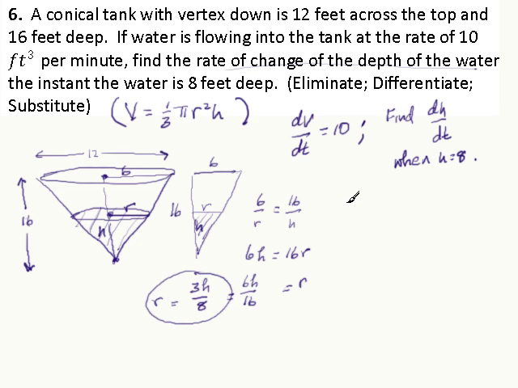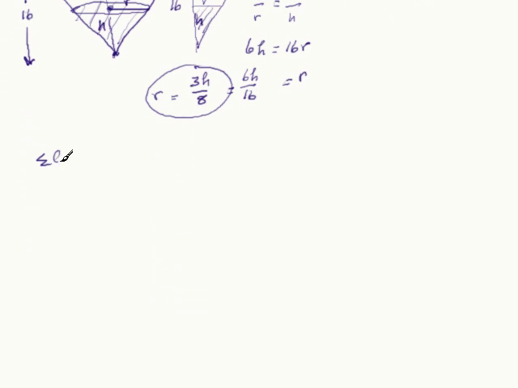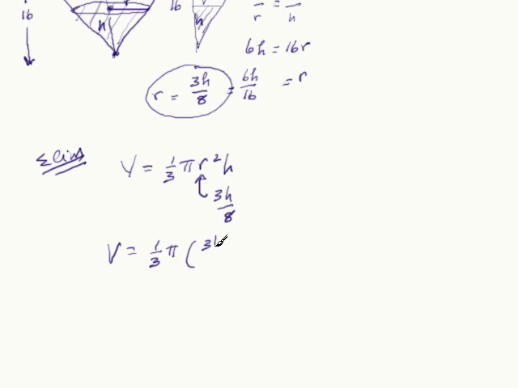So that's the little equation we need to eliminate r. Now we're ready for the eliminate step. Starting with volume, instead of r we're going to put 3h over 8. So the volume is equal to 1/3 pi times 3h over 8 squared times h. Simplify this: that would be 9h squared over 64, and then we have the h over there.